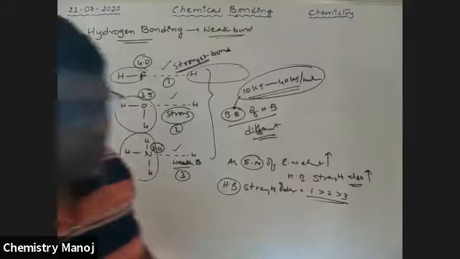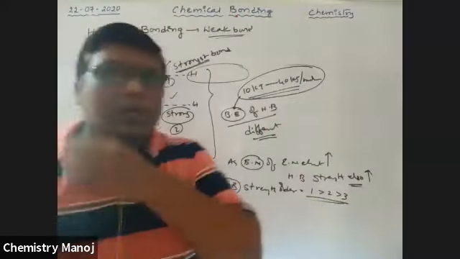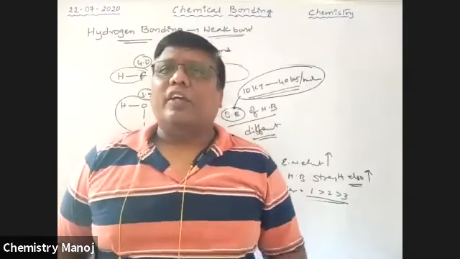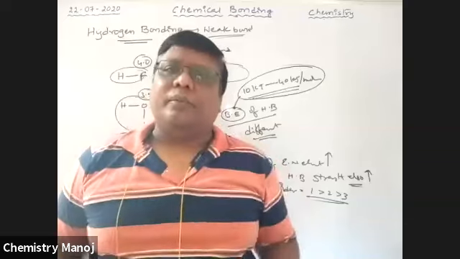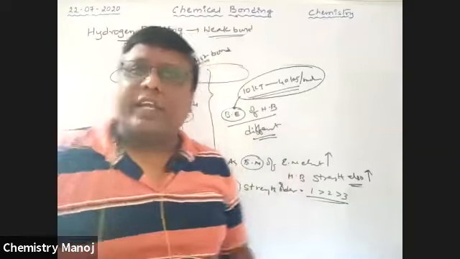Next, there is a question. Nitrogen electronegativity is 3.0 and chlorine also has electronegativity 3.0. But nitrogen can form hydrogen bonds, but not chlorine. Why not? So see here.